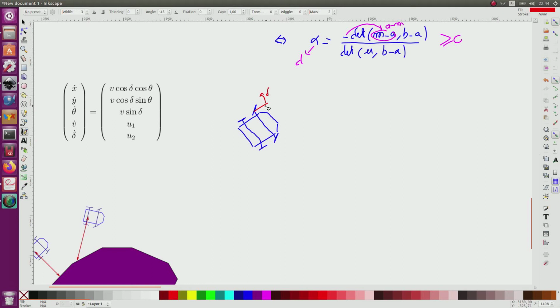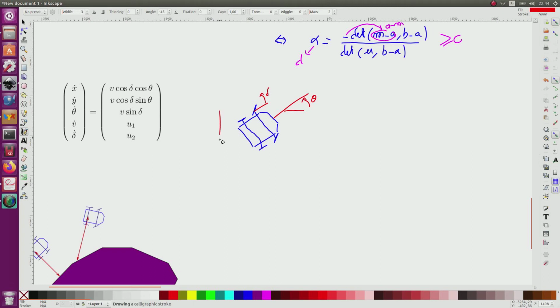We can understand that when delta is equal to 0, the car is not turning. This is why here I have a sine of delta, which shows that the rotation rate, the derivative of theta, the heading, is proportional to the speed, but also proportional to the sine of delta.